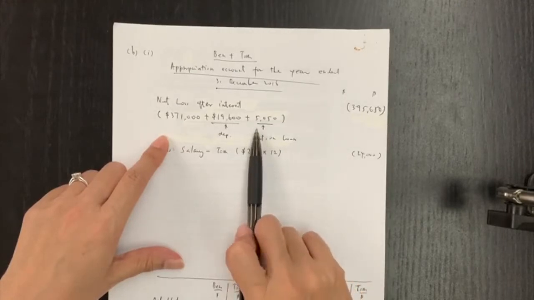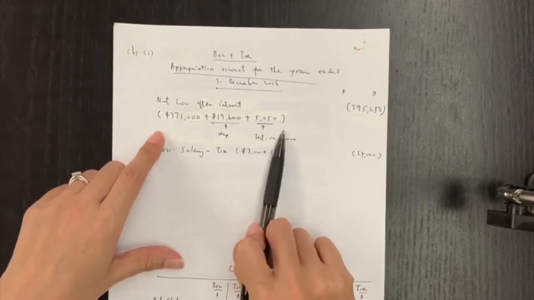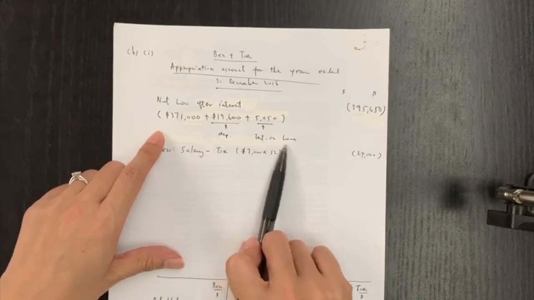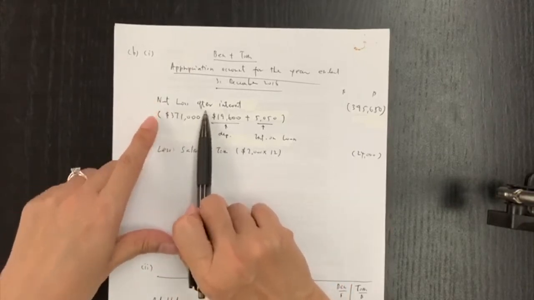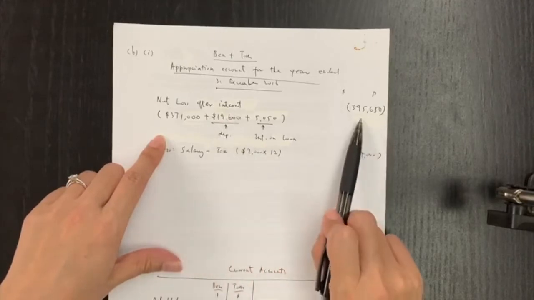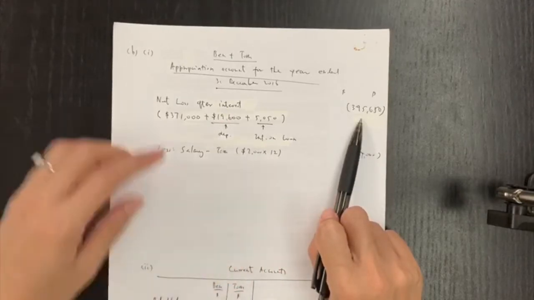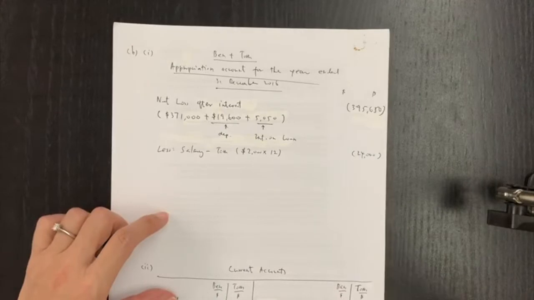Okay, so in the appropriation accounts, we need another adjustment which is related to interest on loan. So therefore the description here will be net loss after interest, and this is the amount to begin with in the appropriation accounts.